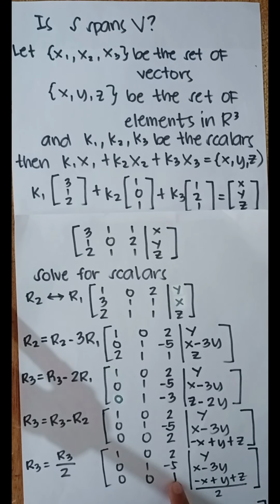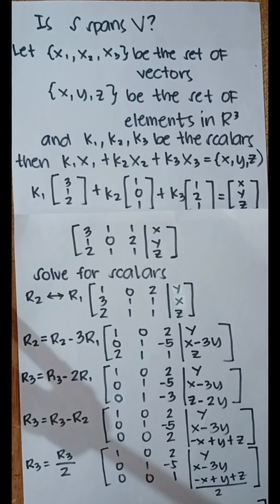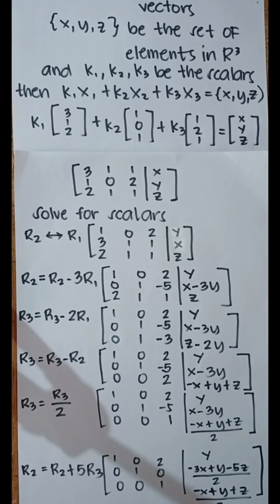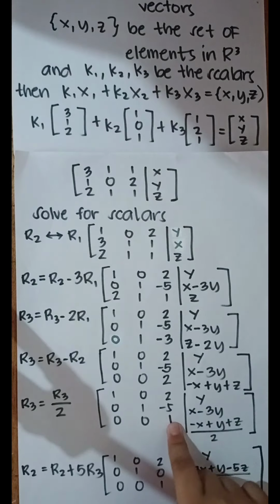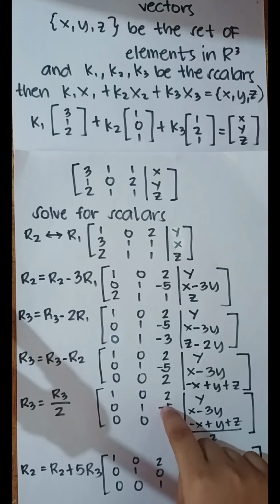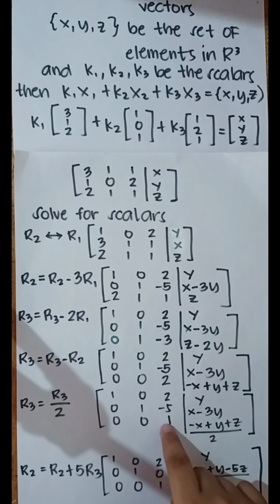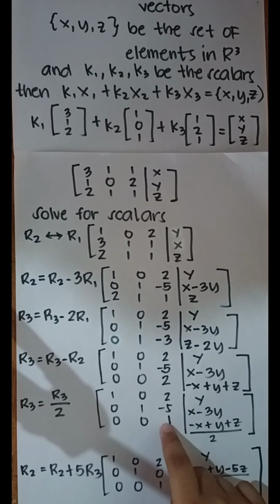So let's proceed to the other numbers in this column. We are going to make this negative 5 become 0. To do that, we add R2 plus 5R3.